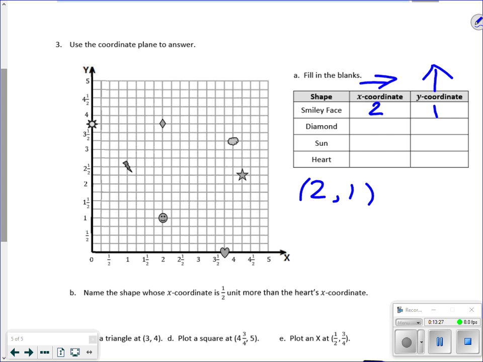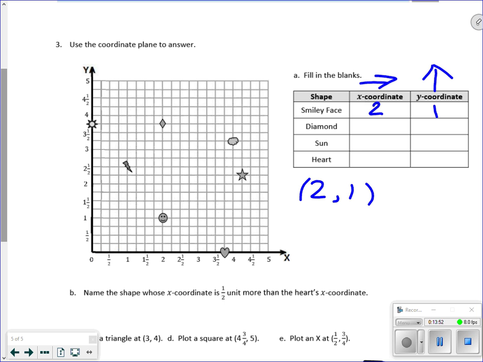I told y'all that yesterday. I hope you get it, because that's what the entire math lesson was yesterday. So in order to figure out what these spaces are that have no number, they're all going to be the same.